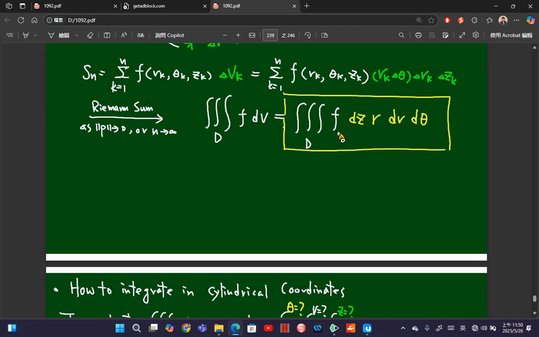So for the triple integral, the innermost integration will be f dz. Then adding the additional r, then dr d theta.